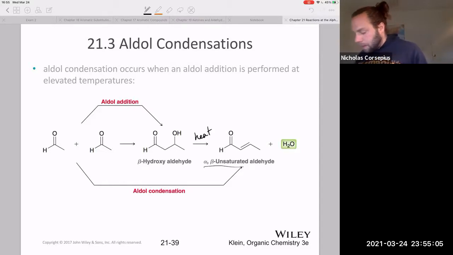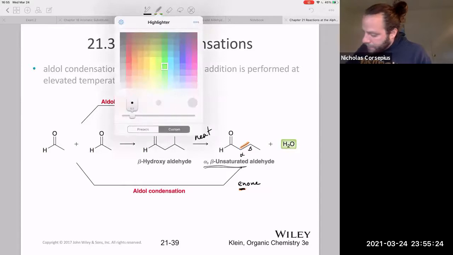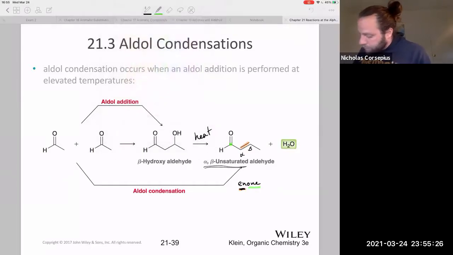This yields what's called an alpha beta unsaturated aldehyde or ketone. Another way of saying this is an enone. The book loves to use the longer alpha beta unsaturated, because this is the alpha, this is the beta. It's also called an enone because you have that double bond, the ene, and the ketone or aldehyde, the one. So that's kind of the fancy name for it.